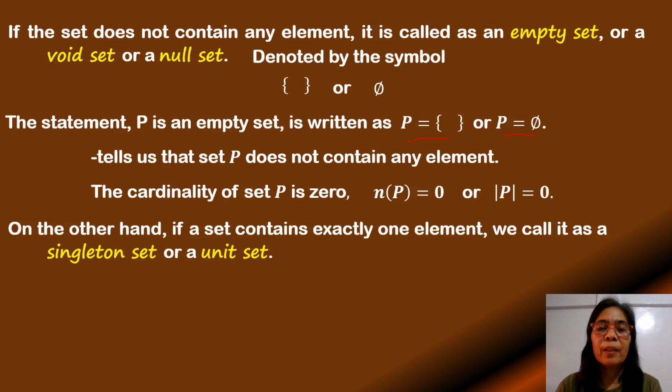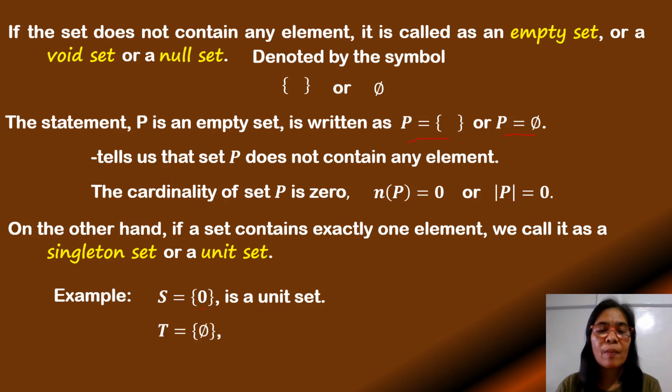On the other hand, if a set contains exactly one element, we call it a singleton set or a unit set. So in this example, set S is a unit set because there is this one element inside the set. Set T is also a unit set because it contains one element inside the set.